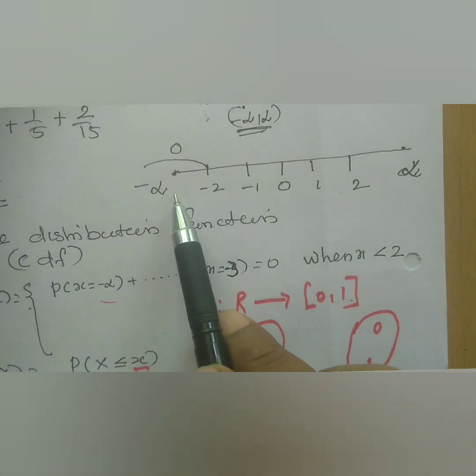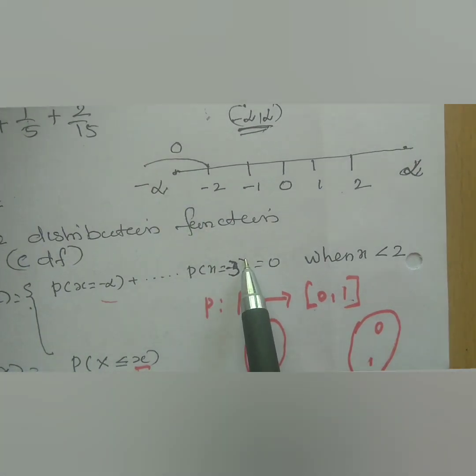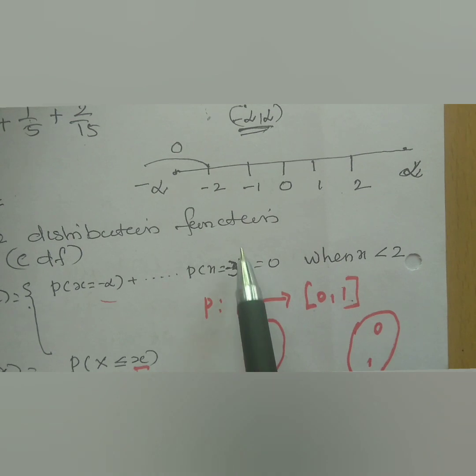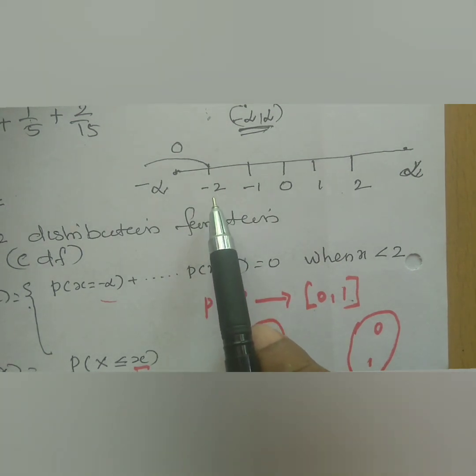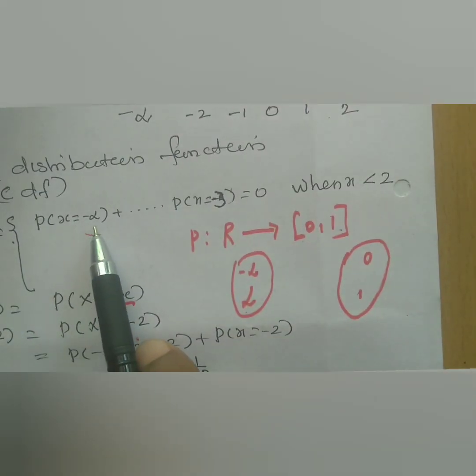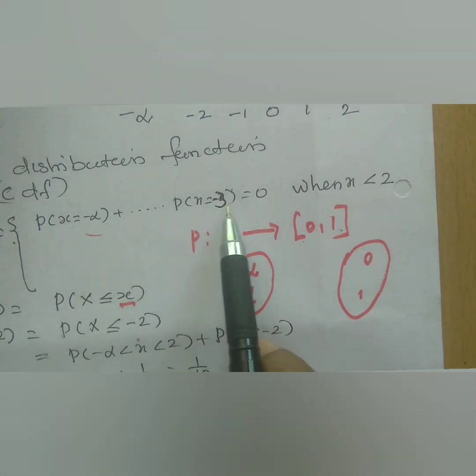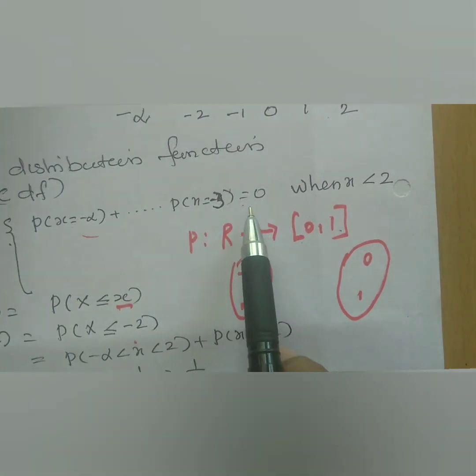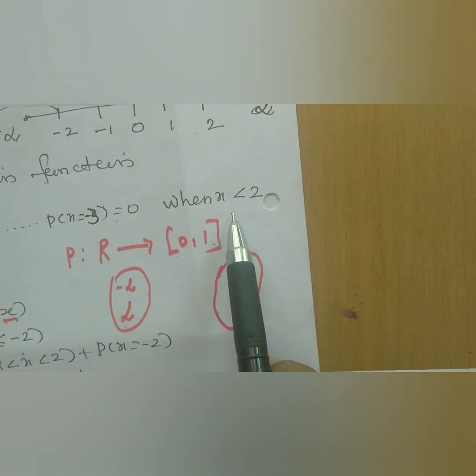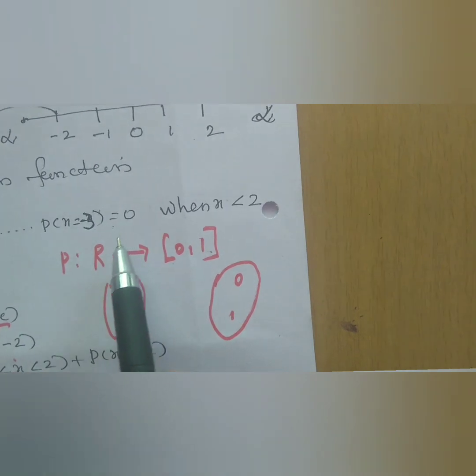So for all the remaining values of x, probability is equal to 0. In all the questions, for values other than the given x values, the probability is equal to 0. So from minus infinity up to this, the value is 0 plus 0 plus 0 plus etc., that is equal to 0. That is, for x less than minus 2, F of x is equal to 0.